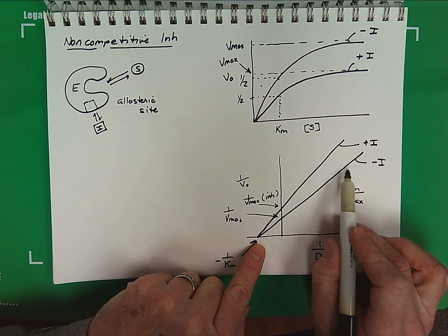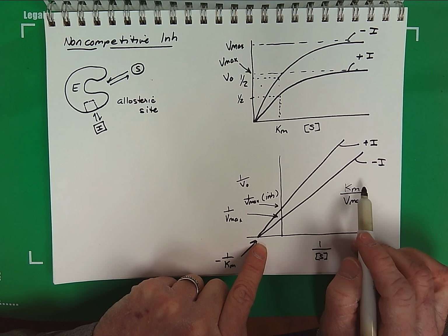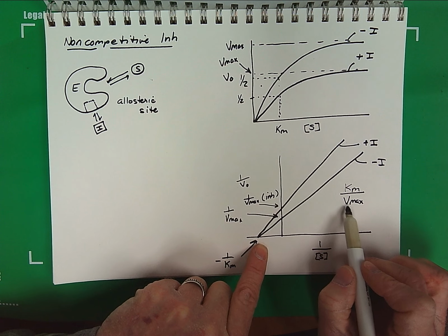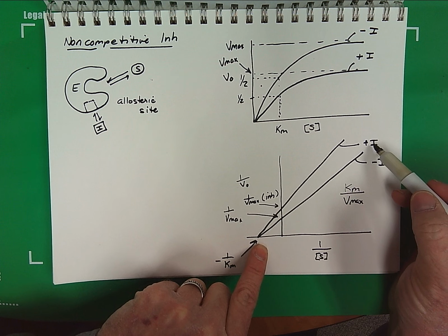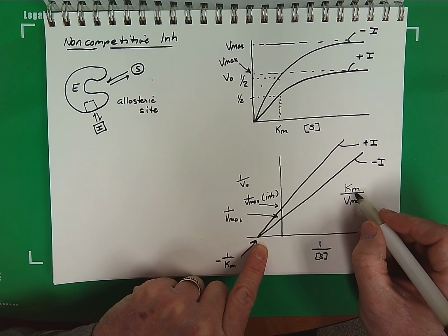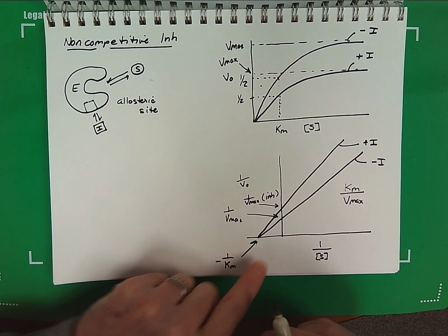So the numerator for both of these lines is the same. But Vmax is changing. So Vmax is decreasing with the inhibitor. If the denominator decreases, that makes the slope greater, confirming our line.